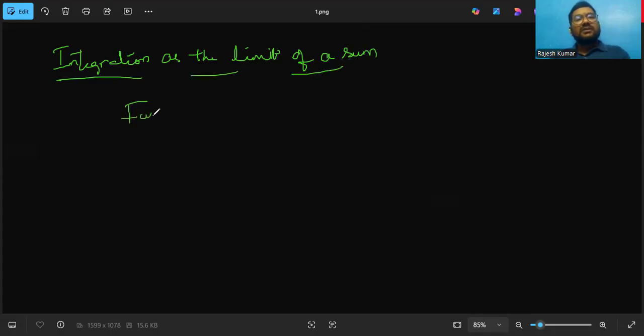Sir, from the fundamental theorem of calculus, at the basic stage, we introduce integration as a reverse process of differentiation.